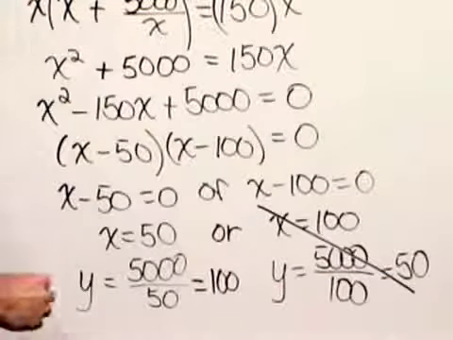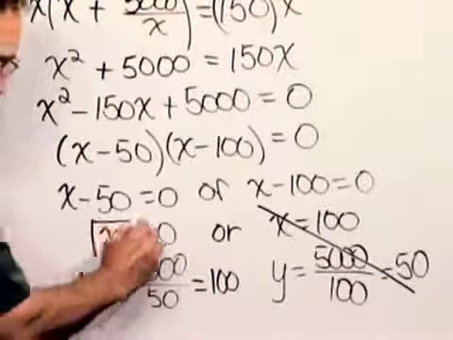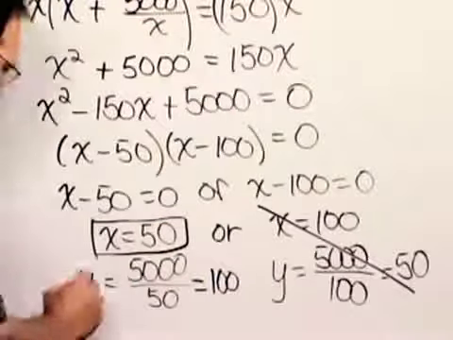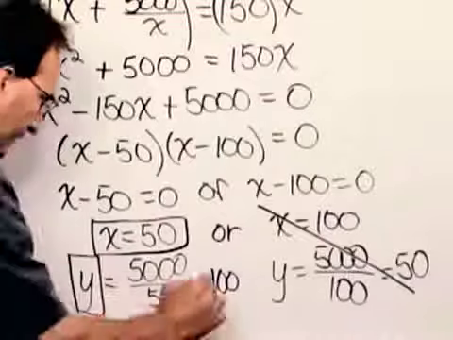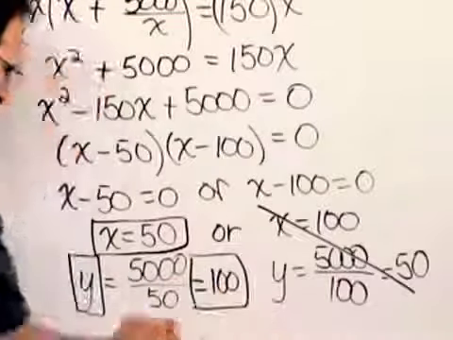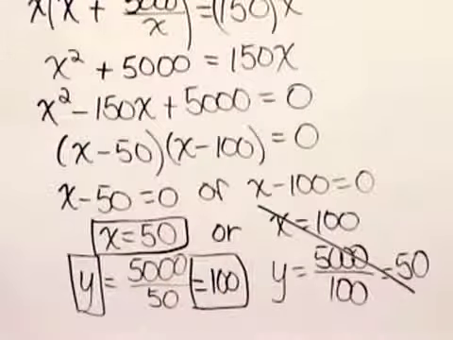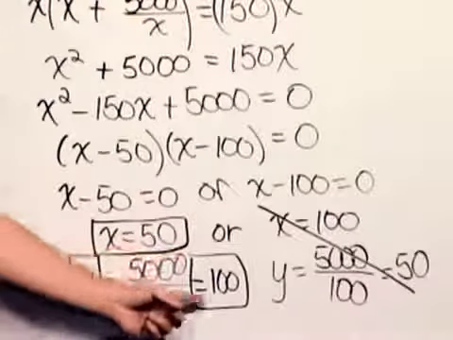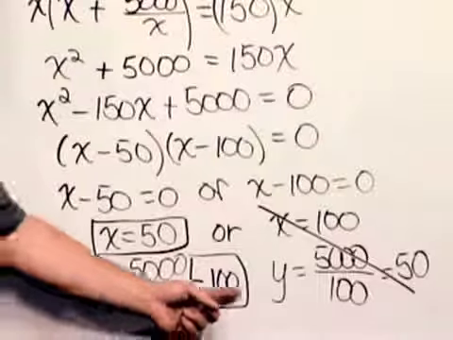Rather, we would take that the width, which is x equals 50, and then the length is y equals 100. So the dimensions of the pool are 50 feet by 100 feet.